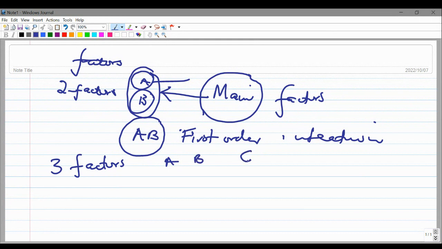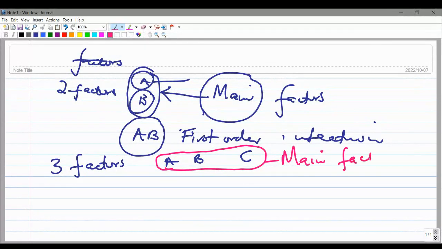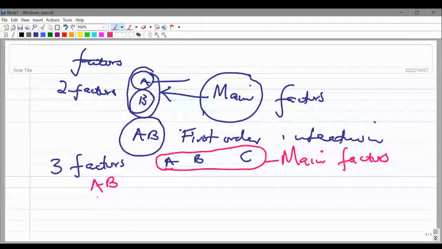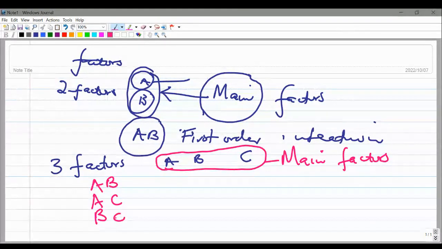We'll have A, B, C, right? These we call main factors because we'll be testing them individually, isn't it? But there's a possibility that A can intersect with B, A can intersect with C, B can intersect with C. So these are first order interactions.